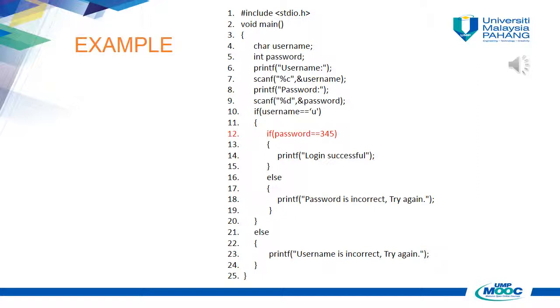If the entered password is 345, then the program will print login successful. Else it will execute the statement password is incorrect. Try again. If the first if condition is false, then it will execute the last else block statement, printing name is incorrect. Try again.